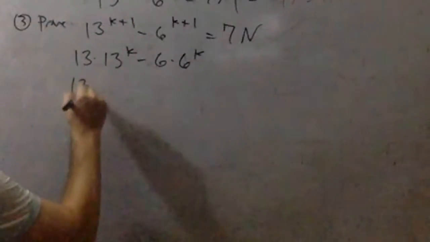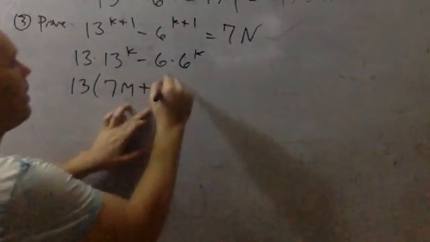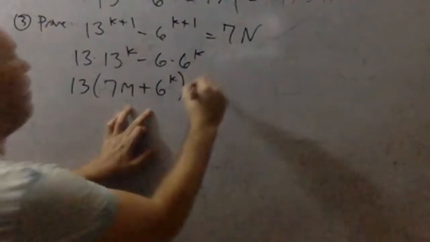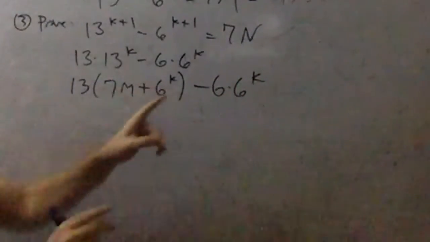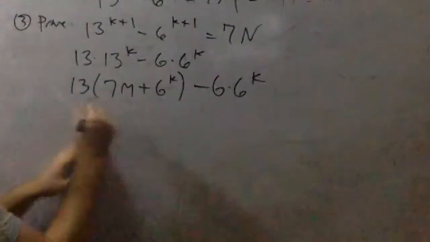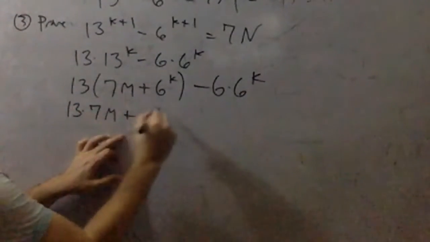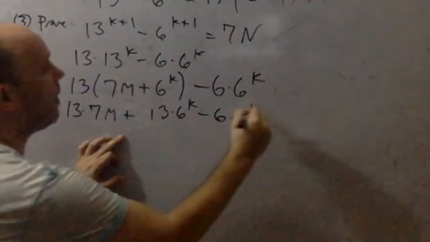We have 13 times (7m plus 6^k). And then what do we have here? Minus 6 times 6^k. Let's distribute the 13 through. We have 13 times 7m plus 13 times 6^k minus 6 times 6^k.